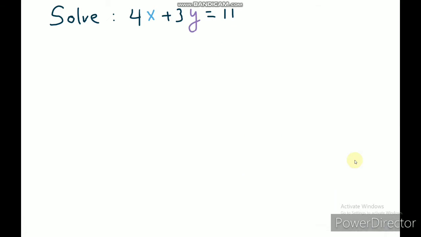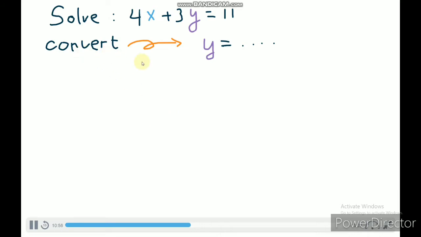So instead of doing it mentally, there is another approach that lets you find them more easily. It's easier to find the combinations by converting this equation into a statement which is y equals something. So you need to isolate y.